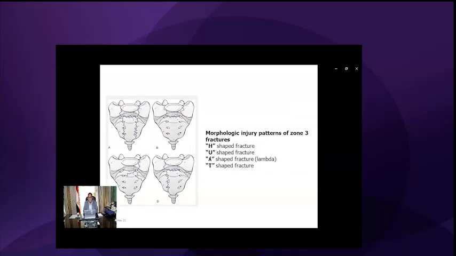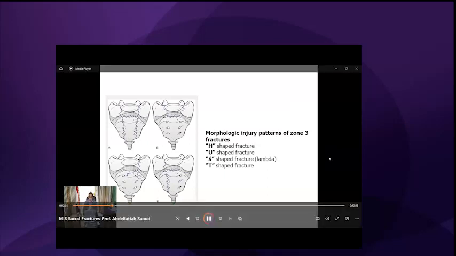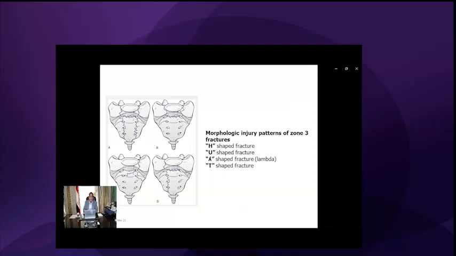And this is another classification for the transforaminal longitudinal fractures of the sacral bone.